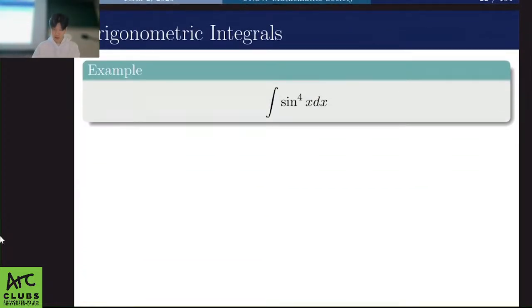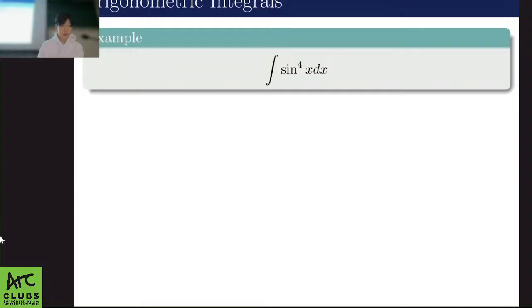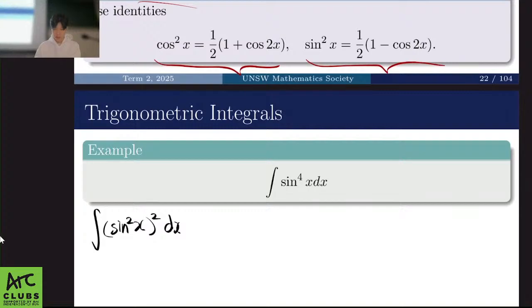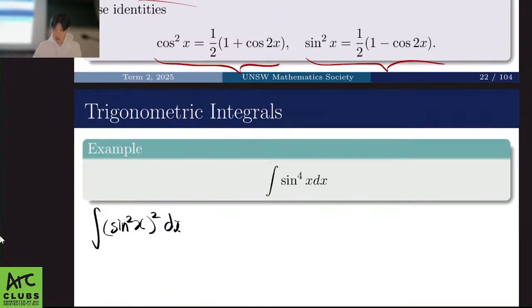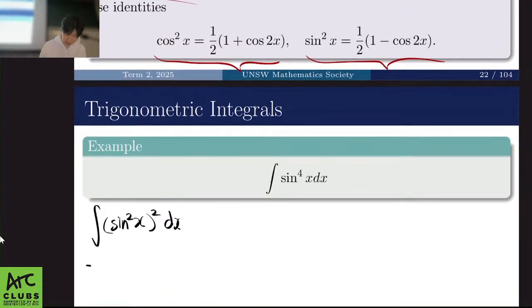So if I have integral of sine to the power 4x, I know that sine to the power 4x is going to be sine squared x, squared, dx. Now using my identity that sine squared x is half 1 minus cos 2x, this is going to be half 1 minus cos 2x all squared dx.